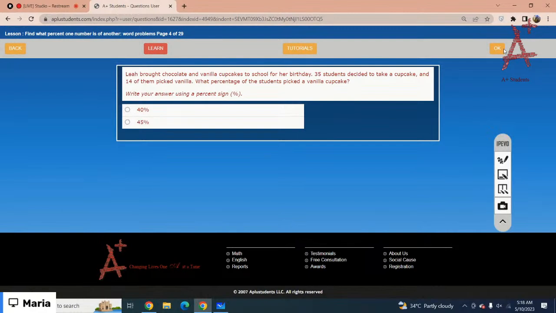The whole is 35 and the part is 14. Got it? You have to do 14 times 100 over 35. I'm just doing the calculations. It would be 14 times 100. 1400 divided by 35 is 40%. That means 40% of the students picked vanilla cupcakes. The correct option is 40%.